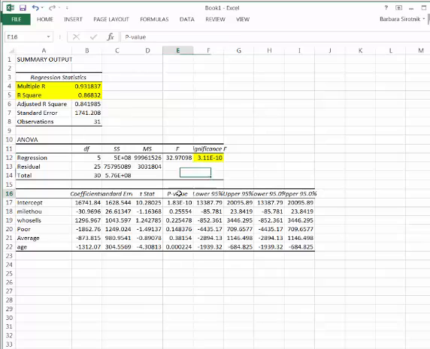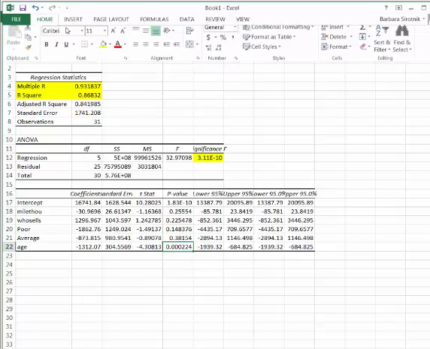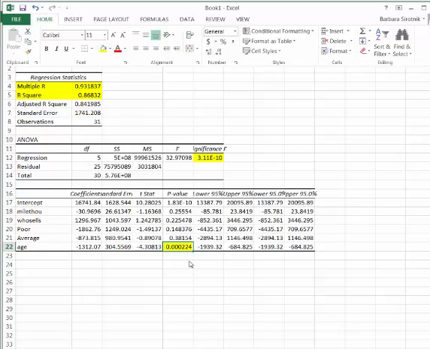Well, all I need to do is to look at my p-values here and realize that any of the p-values for my independent variables that are less than 0.05 are good predictive variables. What's less than 0.05? Age. And that's it. That's why my R squared hasn't really improved from the last time I ran it alone.